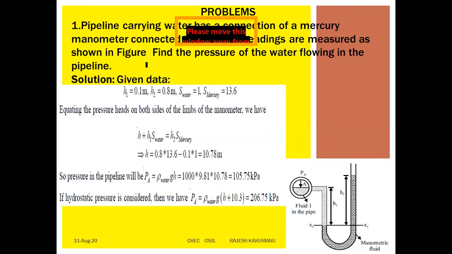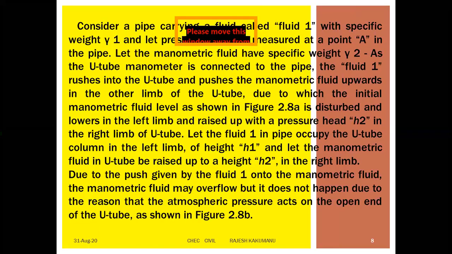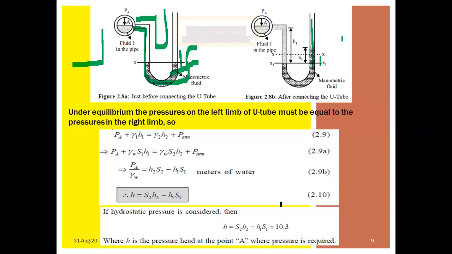So here the manometric fluid may overflow, but it does not happen due to the reason that the atmospheric pressure acts on the open end of the U-tube shown in figure 2.8b. So what it is saying: whenever this water is pushing this water, it will cross the limit, but it will not escape or spill outside.